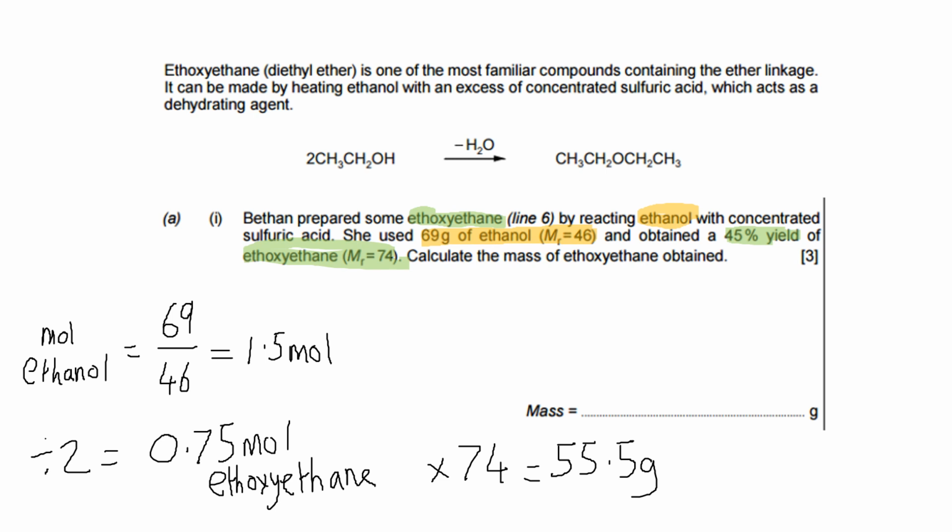So we now need to work out what 45% of this number is. The easiest way to do that is to times it by 0.45. And that gives you an answer of 24.98 grams. However, looking at the level of detail in the question in terms of significant figures, everything's to 2 significant figures, so I'm going to call this 25 grams.